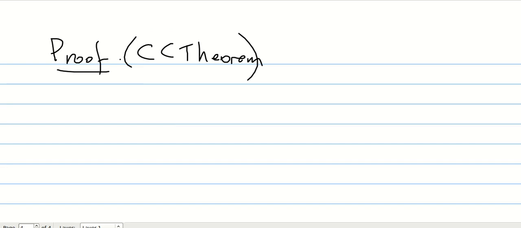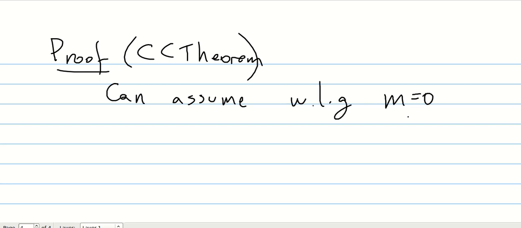first part of Cramer's theorem. So proof of Cramer's theorem. So first, observe that we can suppose without loss of generality that m equals 0.